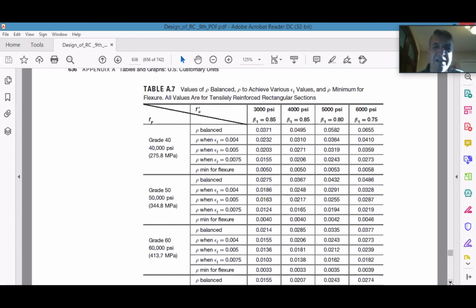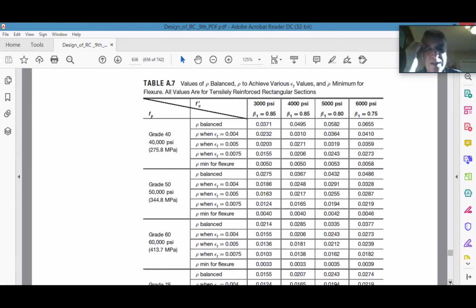All right, this is another very important table. So that's why I want you to spend some time on those tables, guys. This table is, if you know f'c, that's the f'c, 3,000, 4,000, 5,000, 6,000, and fy is these. See, when we say grade 40, that's 40,000 psi, or this is in megapascal, but we're not doing metric.